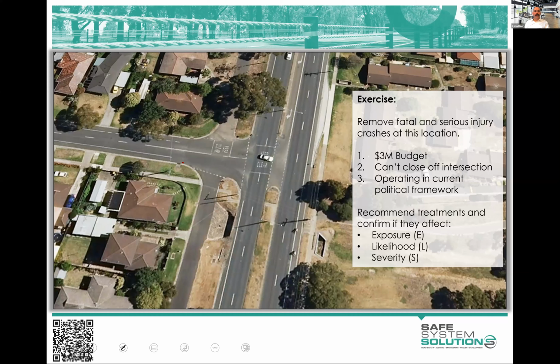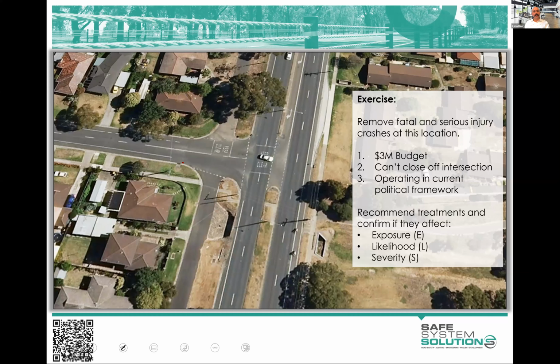Third constraint or rule is that you are operating in the current political organizational framework that you are currently operating in. So if you're proposing something quite extreme, I want a little bit of an idea of how you might navigate that through your approval system and get the community on board.